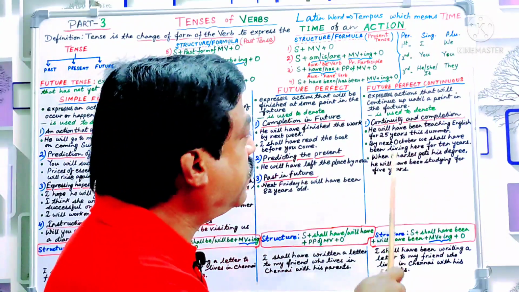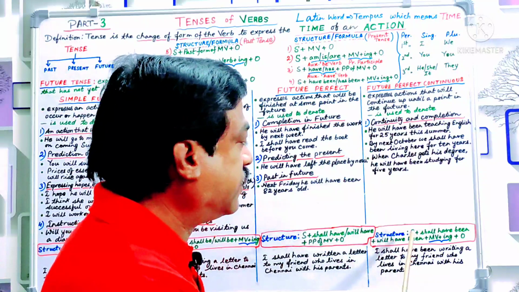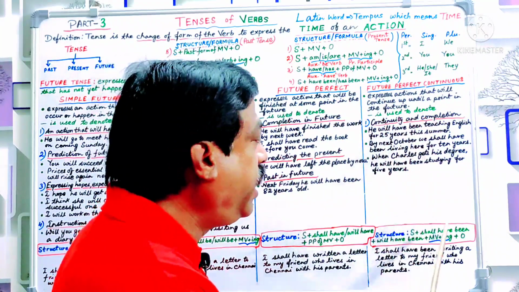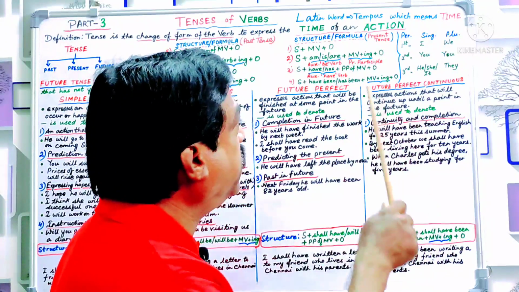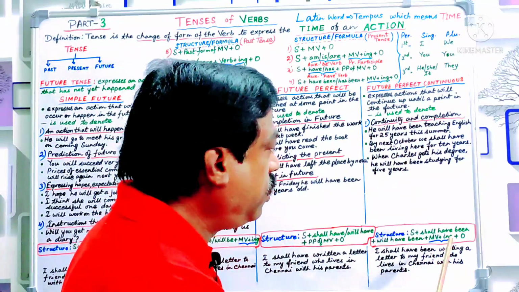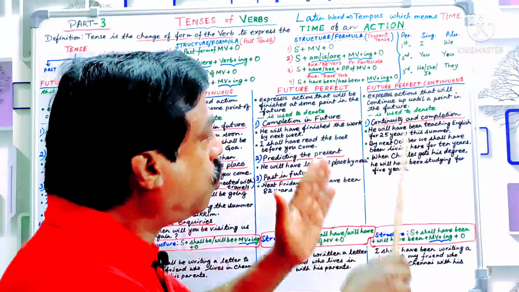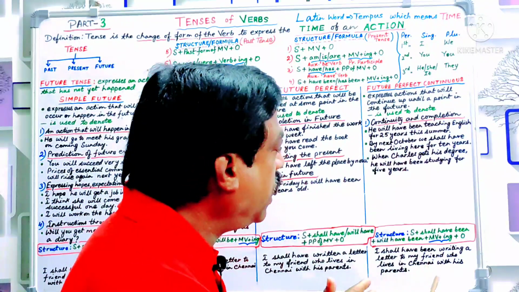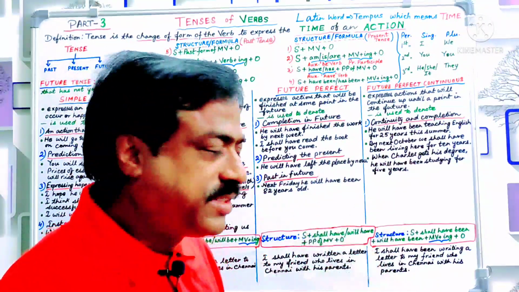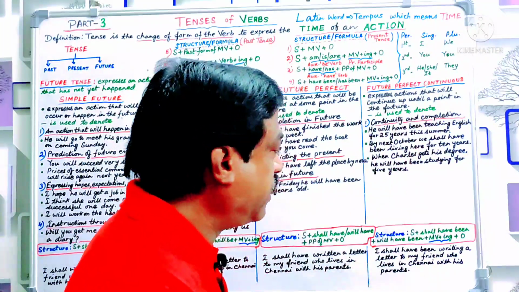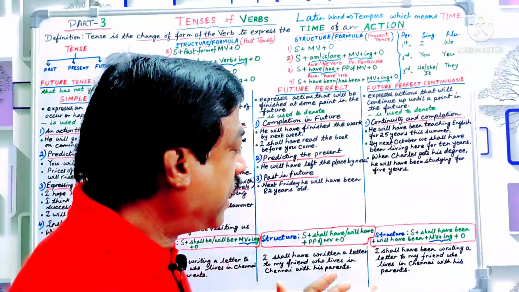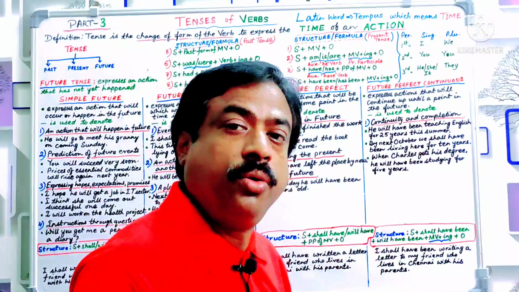So you take a sentence here, you see he as a subject followed by will have been, then the main verb is teach added with ing, which becomes the present participle, and it is followed by object. So I am going to tell you the last sentence of future perfect continuous tense, and that is with the verb write.